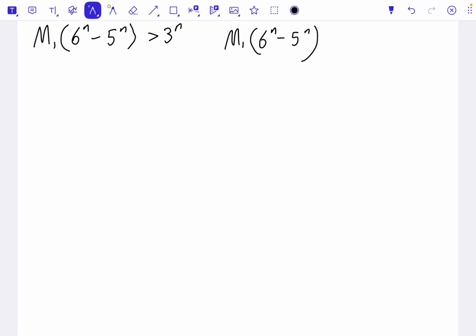We're going to use the factoring out trick here. The tell was that there's a subtraction. Exponential functions are very different from polynomials, but thankfully the same rules apply in this specific context.